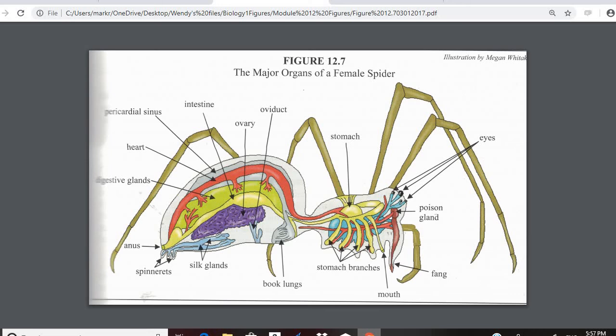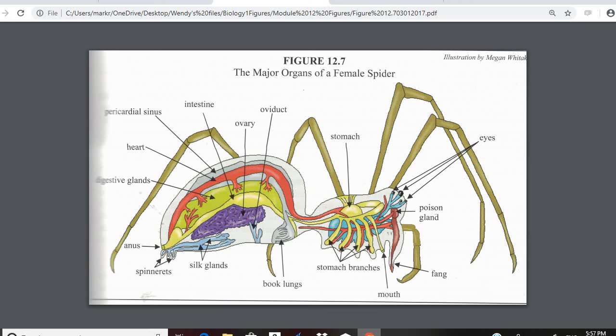You can't see them here, but there'll be slits in the abdomen through which air will enter, and then that air will flow over these book lungs. Okay, so I guess that's all we will say about the spider, or class Arachnida.